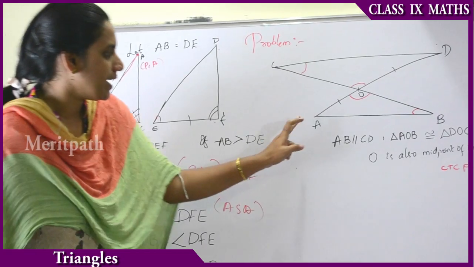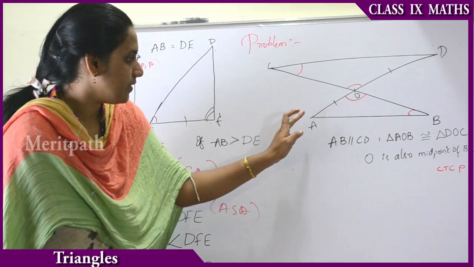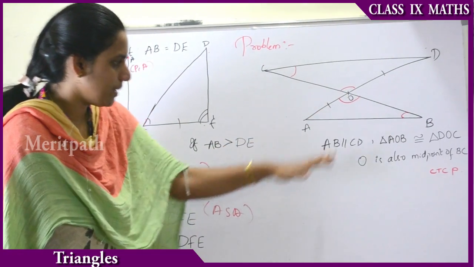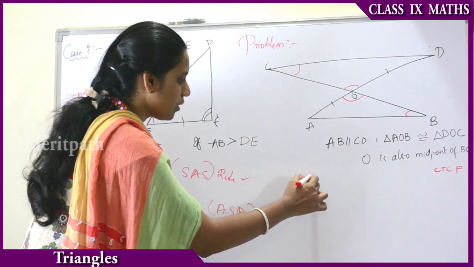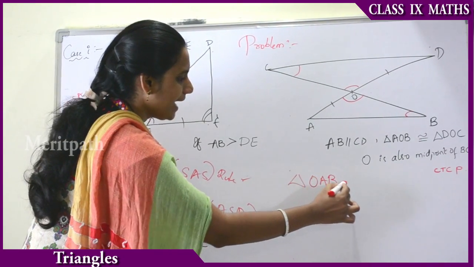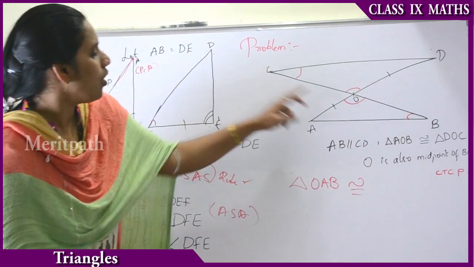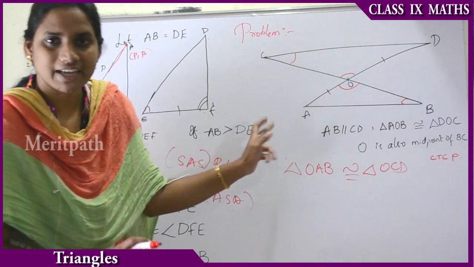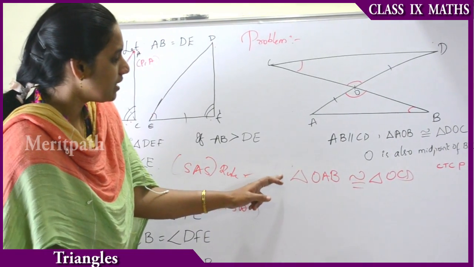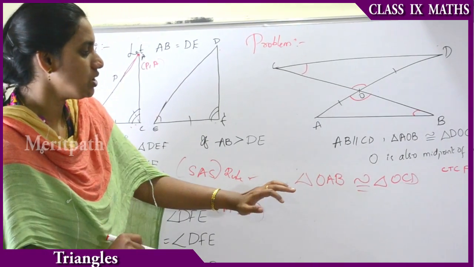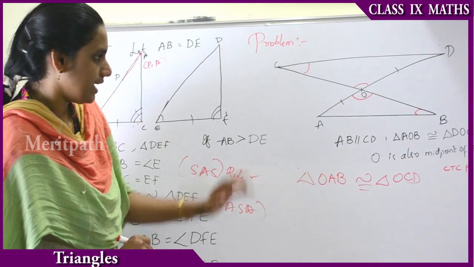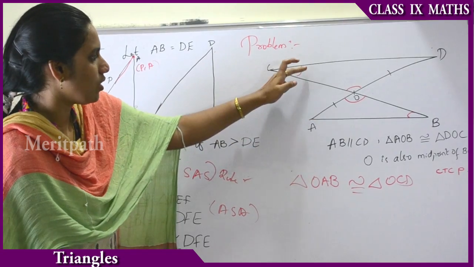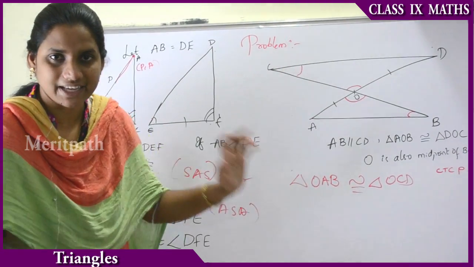Now let us see that the figure itself shows triangle OAB and triangle OCD are congruent to each other. Therefore, according to the side angle side rule, the sides of the two triangles are equal.